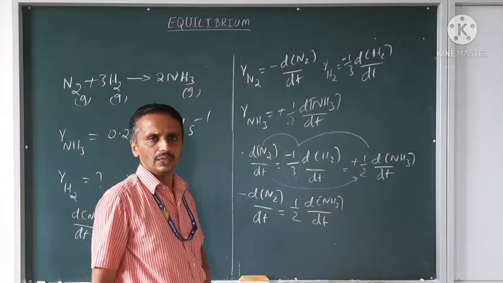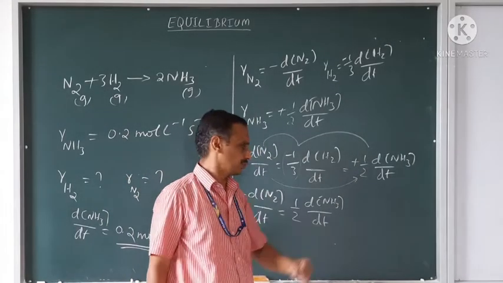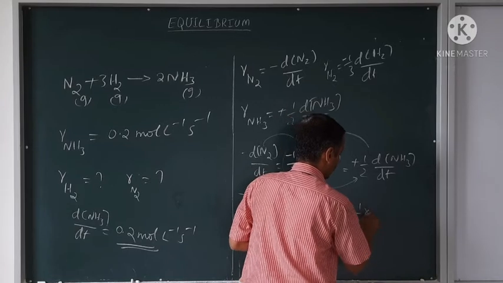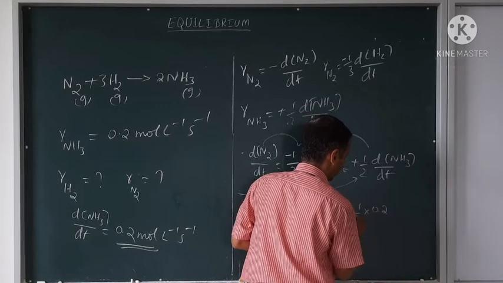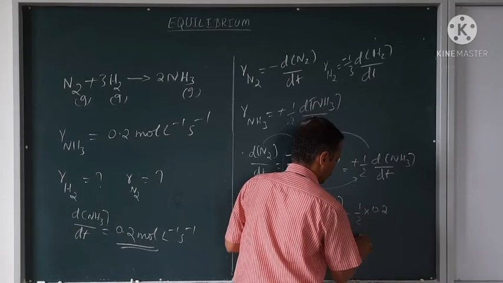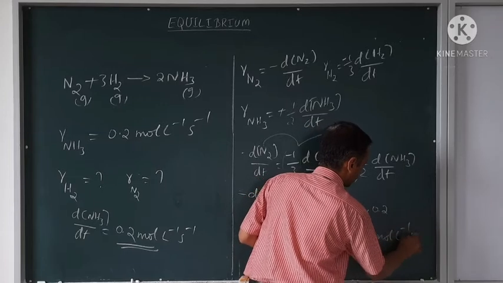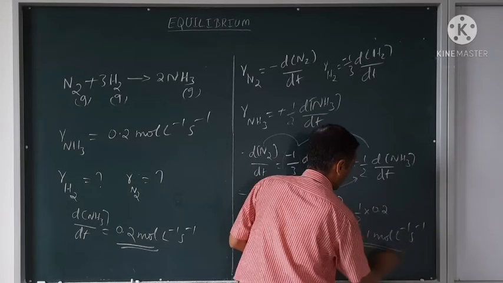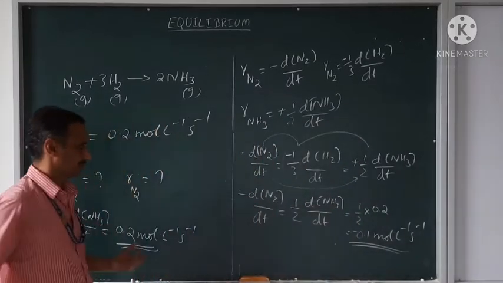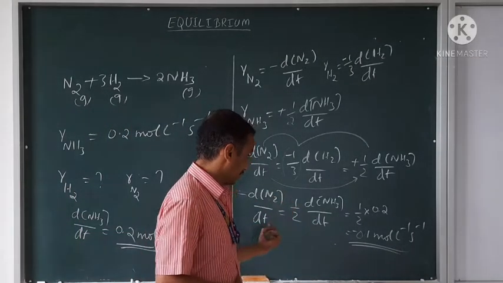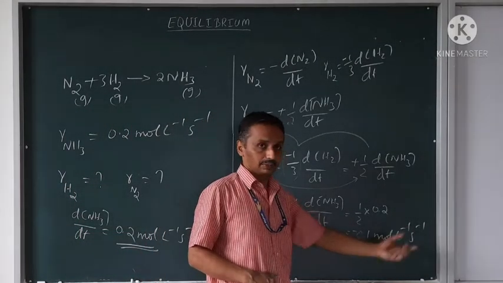A equal to B, B equal to C, then A equal to C also. So what happens here? It is 1 by 2 into 0.2 is equal to 0.1 mole per liter per second, and the reactant is a minus also. Rate of the nitrogen is 0.1 mole per liter per second.